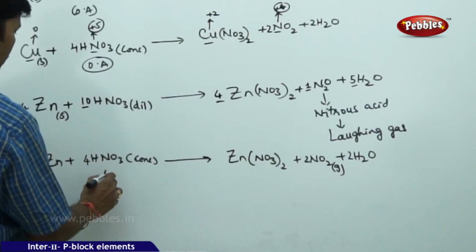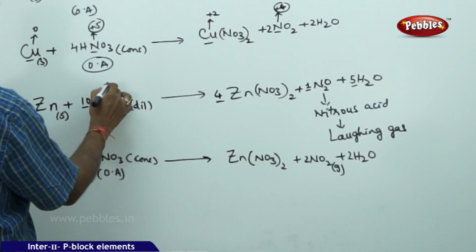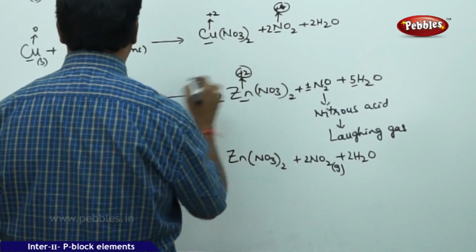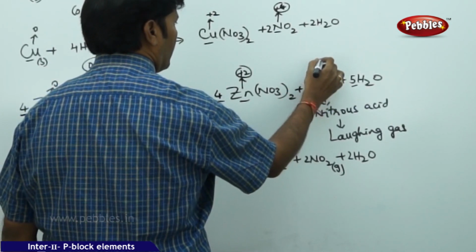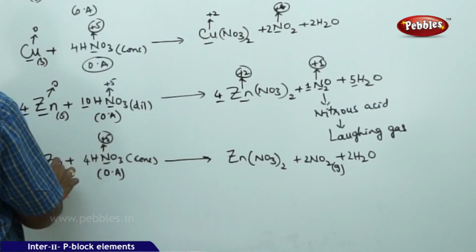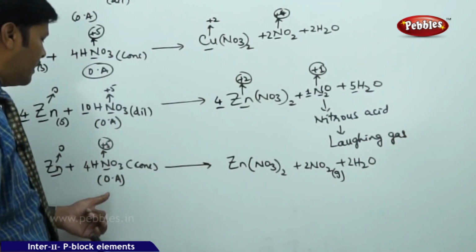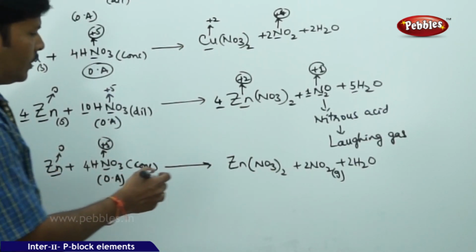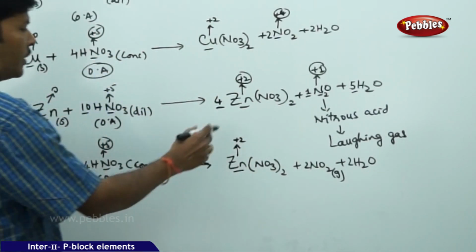Yes, again here also the nitric acid is acting as an oxidizing agent. Nitrogen is +5, zinc is 0, and then zinc becomes +2. Because nitric acid is acting as an oxidizing agent, it has to get reduced, so here it is the +1 oxidation state. In the concentrated nitric acid also, it is an oxidizing agent: +5, zinc is 0, and zinc is again +2, so it is oxidizing the zinc from the 0 oxidation state to the +2 oxidation state.